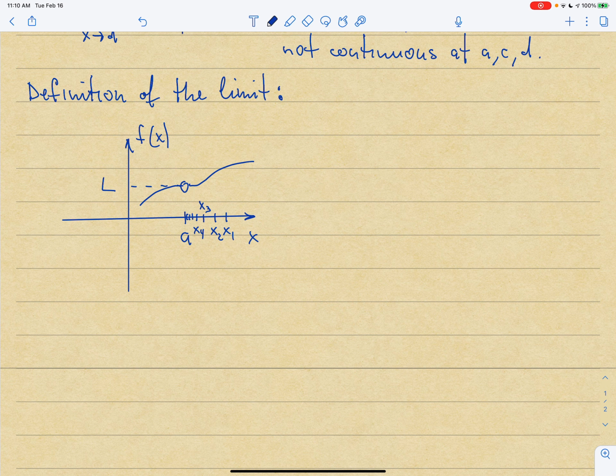So let's suppose xn is such that the limit as n goes to infinity of xn is equal to a. And not only that, because again I'm talking about the limit from the right, I want xn to stay larger than a.